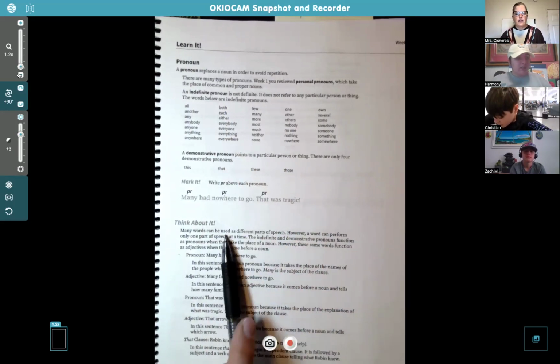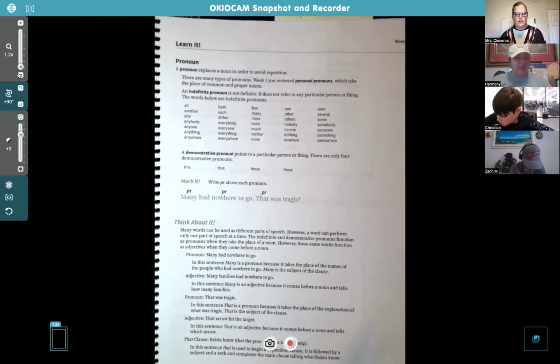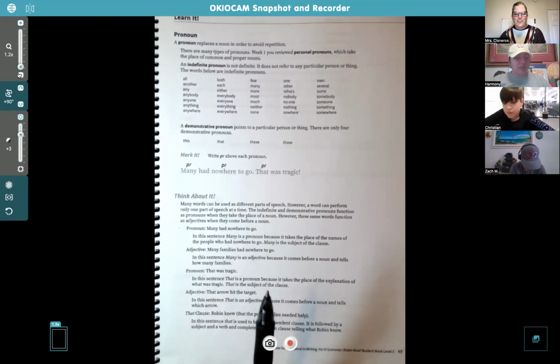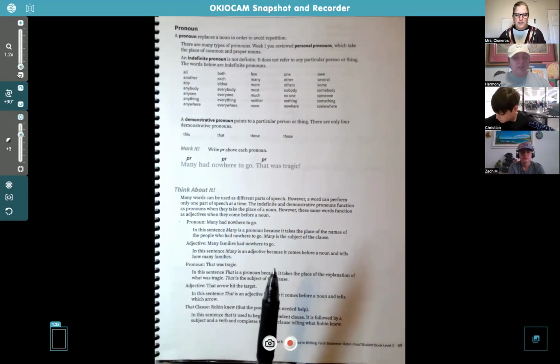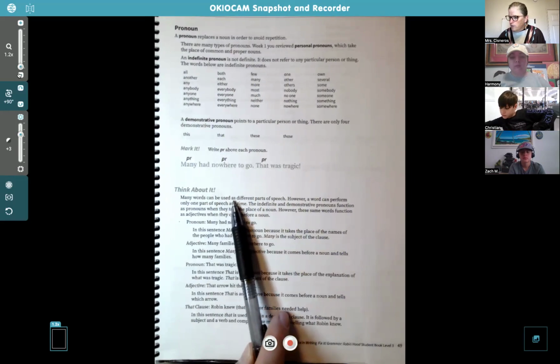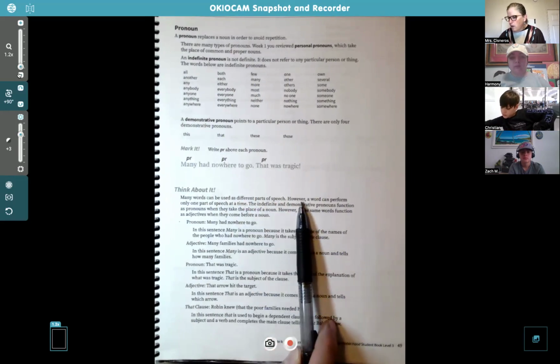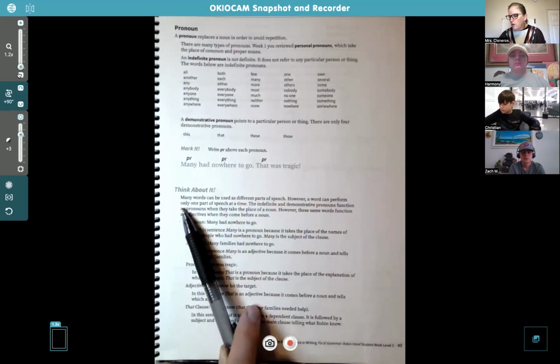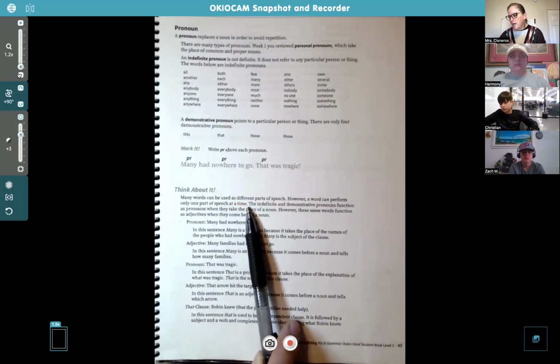All right, and then down here, we're going to think about it. There's a couple words. This is why English is hard. It depends on how it's used in the sentence. It could mean totally different things. So many words can be used as different parts of speech. However, a word can perform only one part of speech at a time.